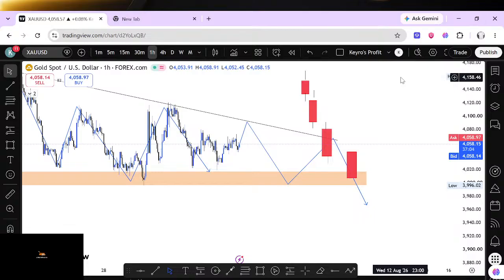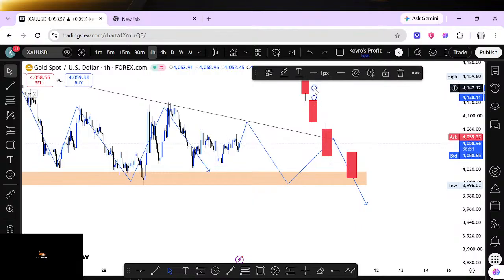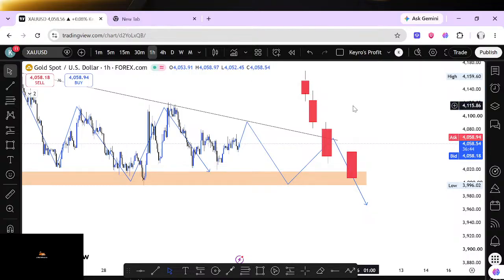All right, so what is an FVG? What is a fair value gap from this illustration that I have here?